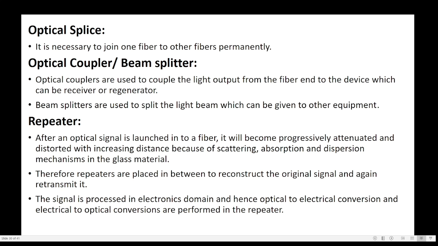Therefore, repeaters are placed in between to reconstruct the original signal and retransmit it.